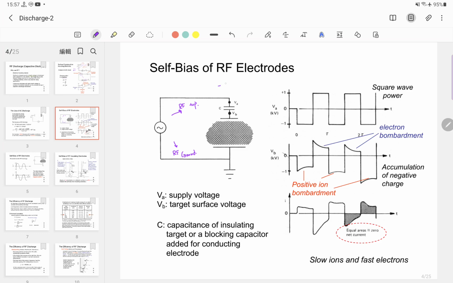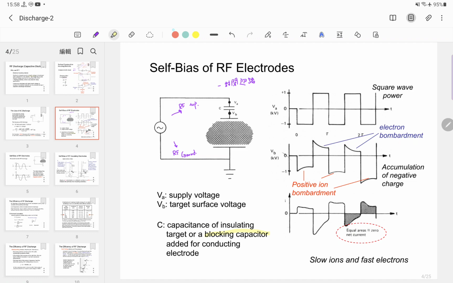And in a capacitive discharge system, a blocking capacitor can be placed in series with the circuit. So here C is a blocking capacitor. In order to generate a capacitive discharge plasma, the circuit needs to contain a blocking capacitor.